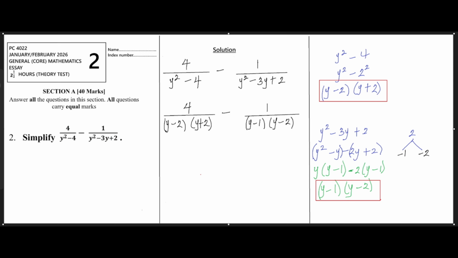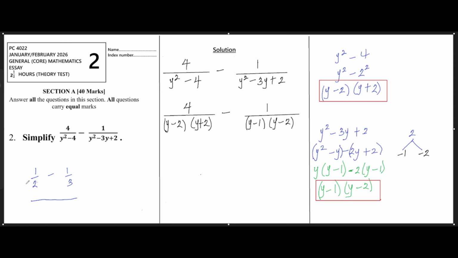So now, we all know that anytime we are faced with a common fraction and we want to simplify, what do we do? So let's say we have a common fraction, let's say 1 on 2 minus 1 on 3. How do we simplify this? The first thing we do is to find the LCM.